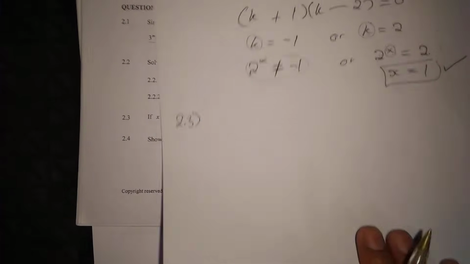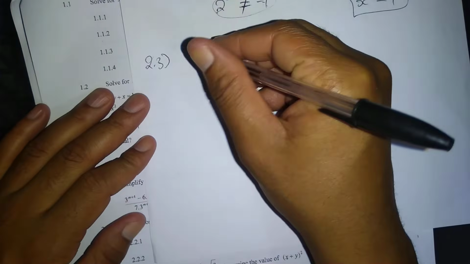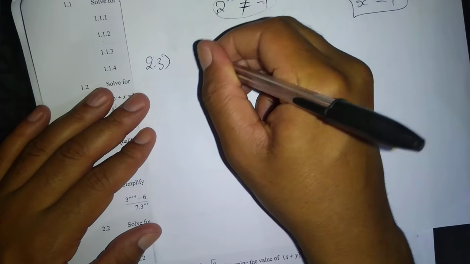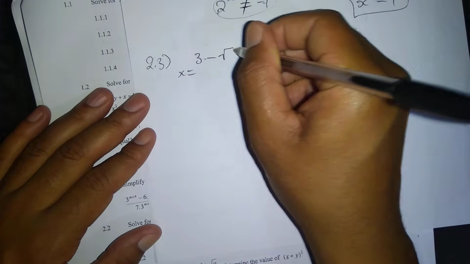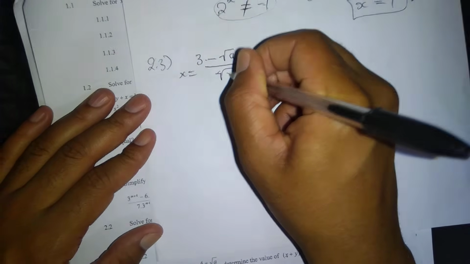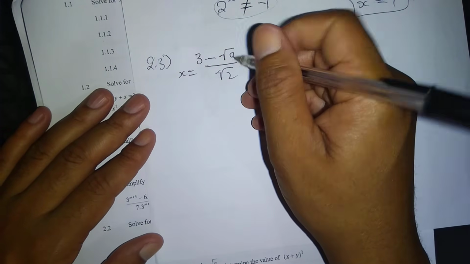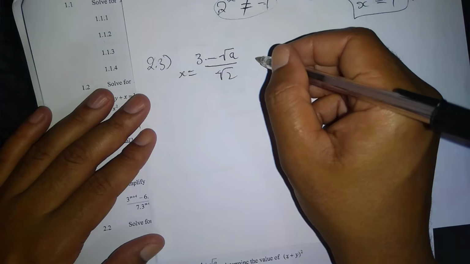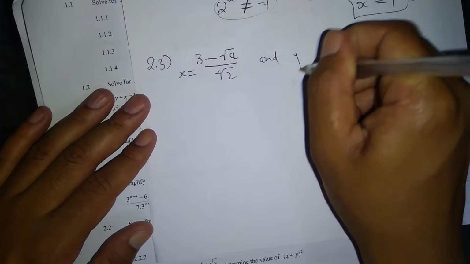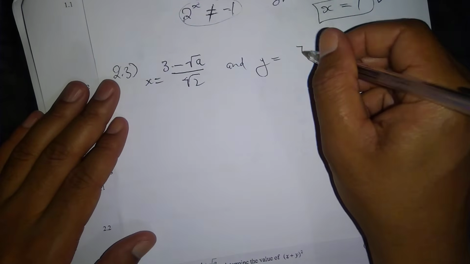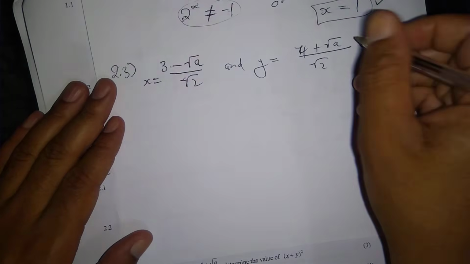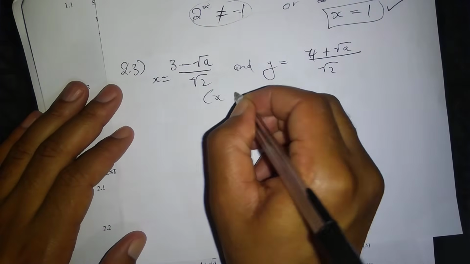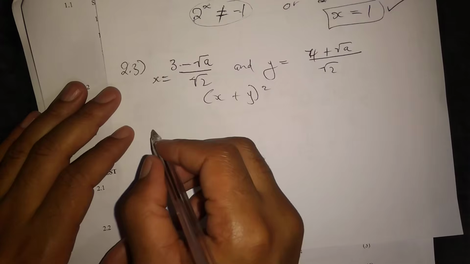So 2.3, I'm just writing it down. x is equal to 3 minus the square root of a over the square root of 2, and y is equal to 4 plus the square root of a divided by the square root of 2. Therefore we want the value of (x plus y) all raised to exponent 2.